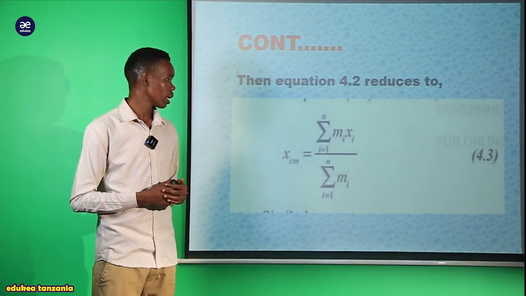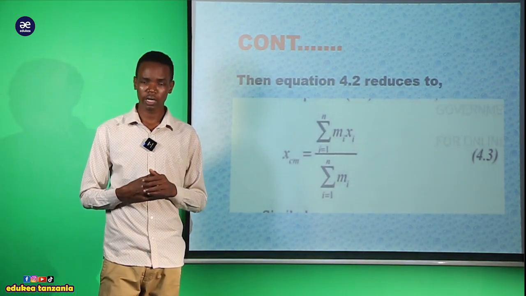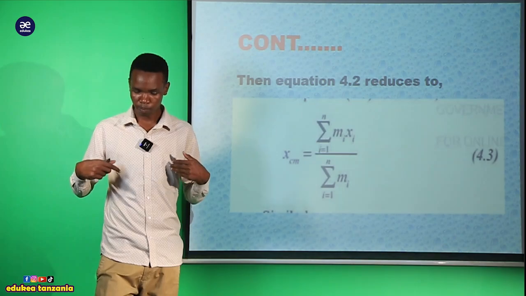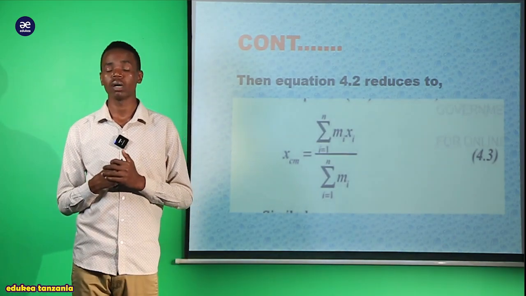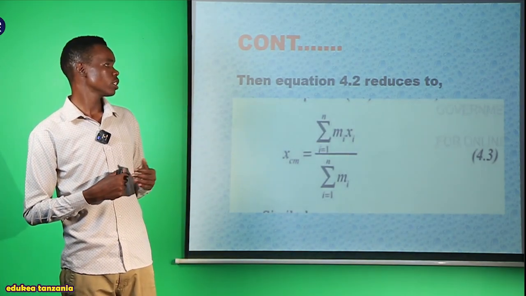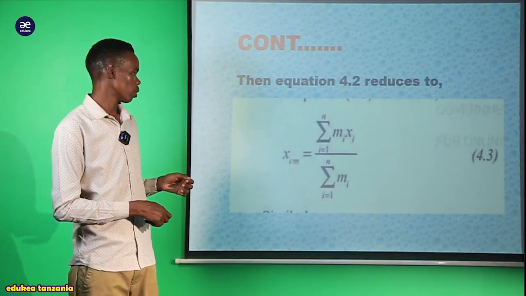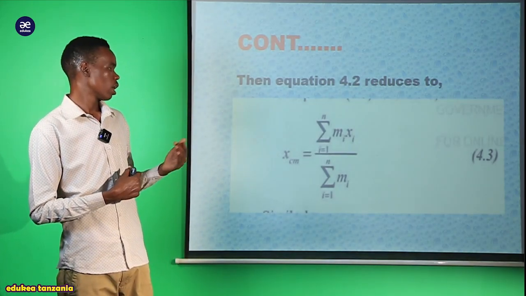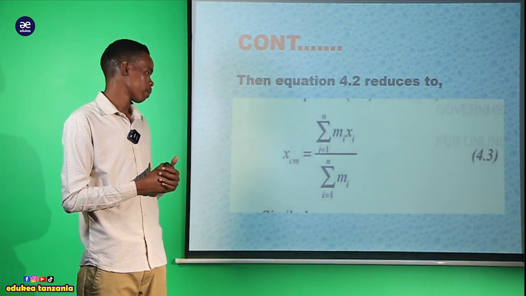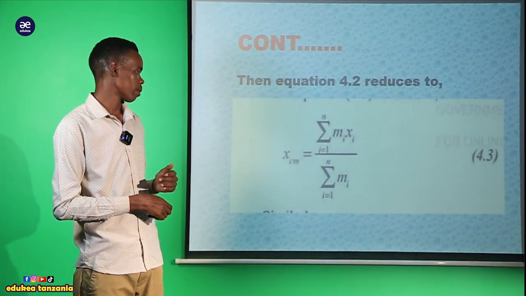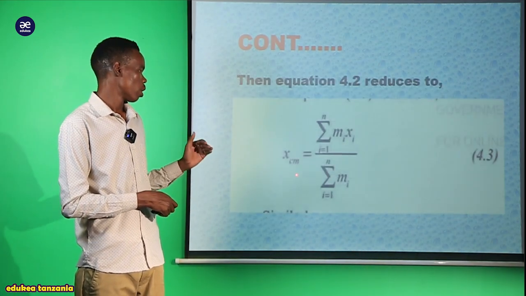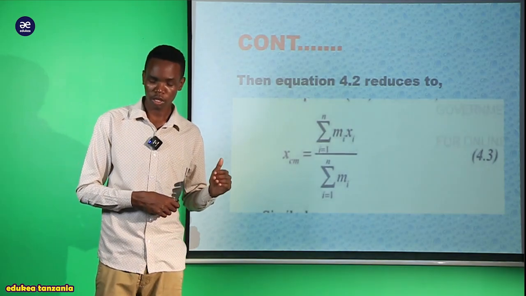So equation number 4.2 represents the forces in terms of the summation. That equation should be reduced up to this one. So we can reduce the equation, and at the end of the day we get this.